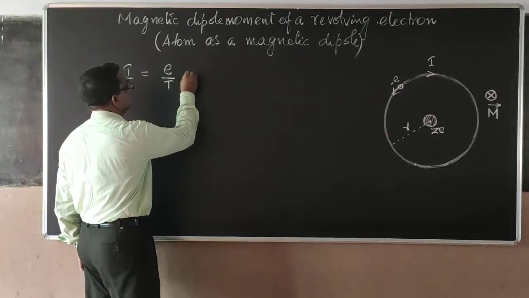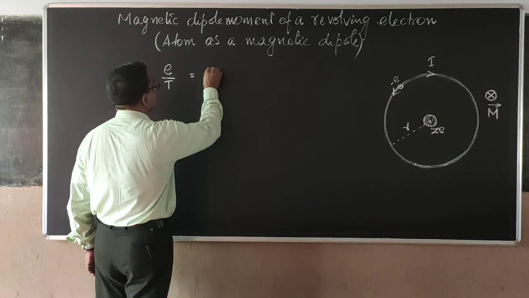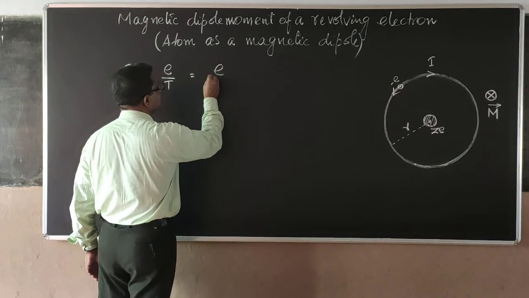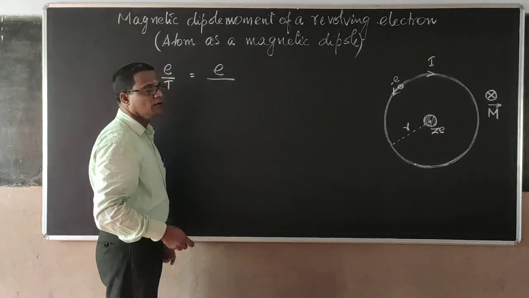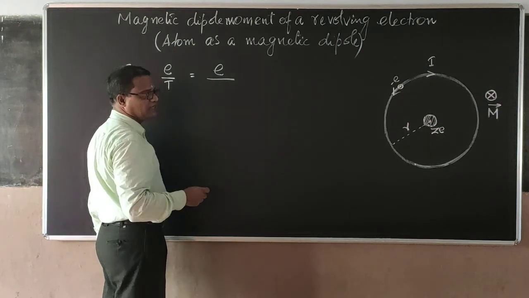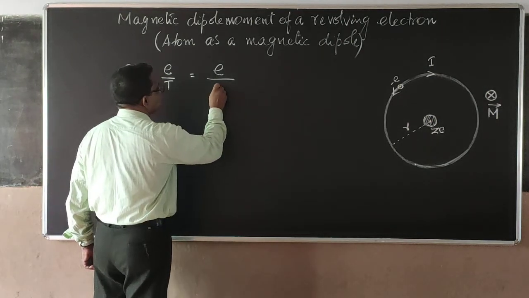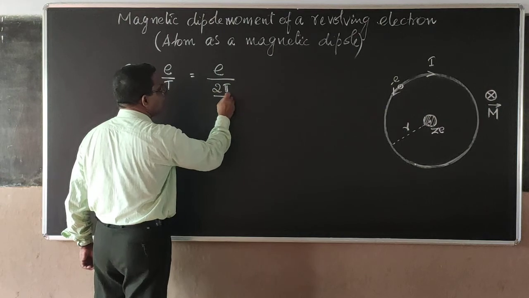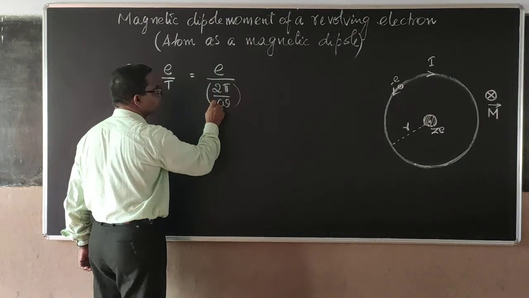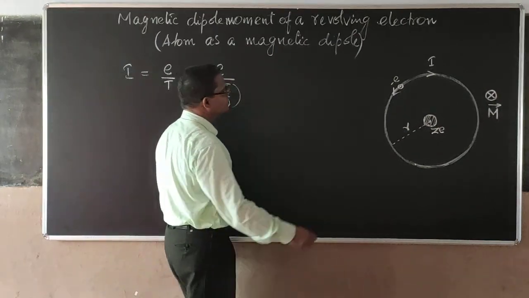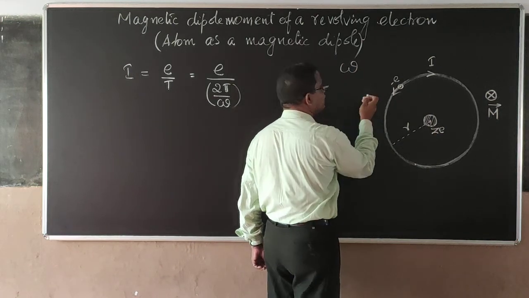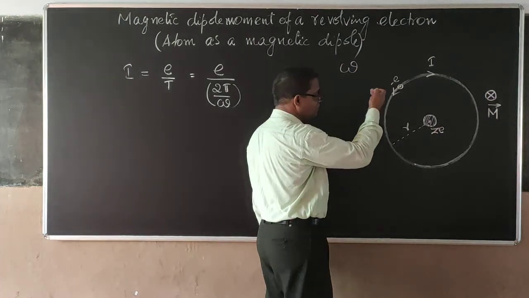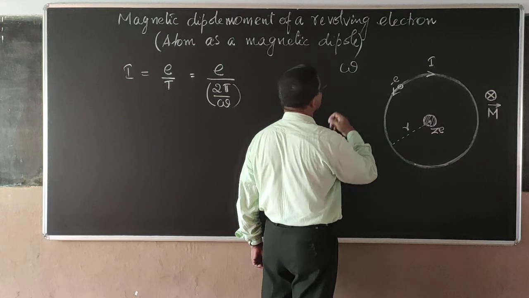Now, you can convert this into e divided by the time period. You can take it as 2 pi by omega, where omega is the angular velocity of the electron moving around.